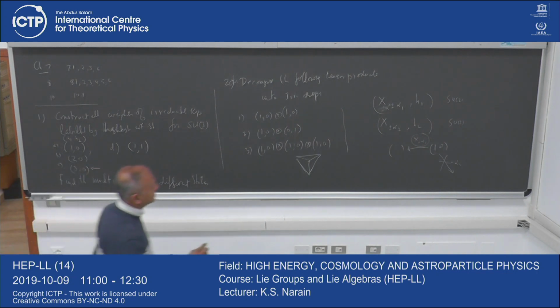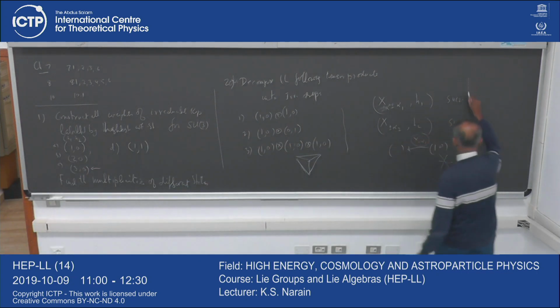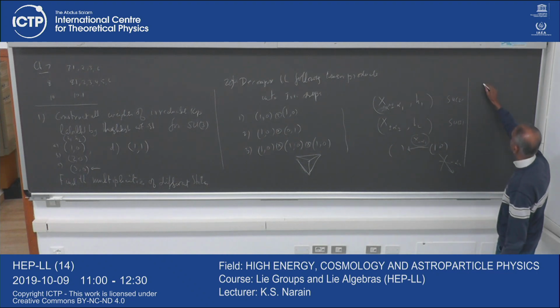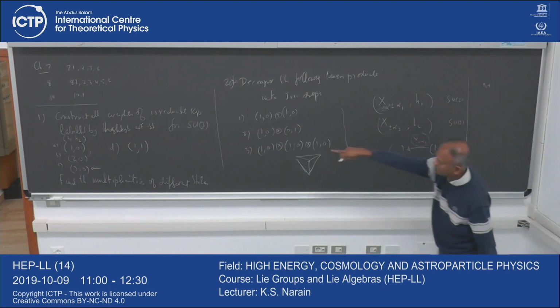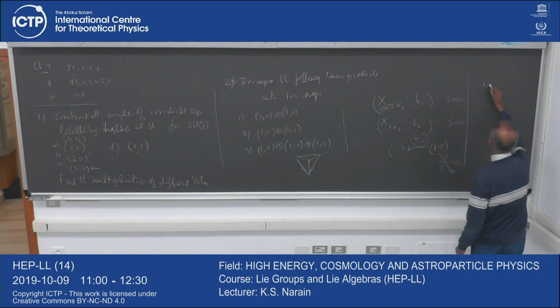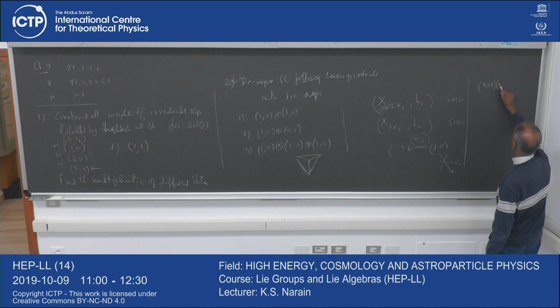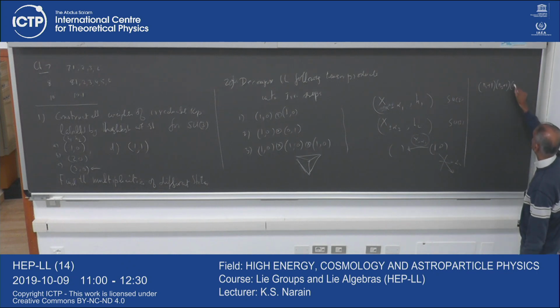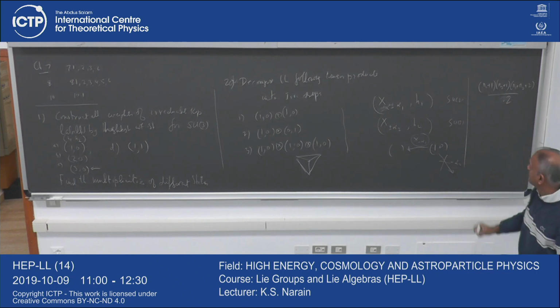For at least SU3, the formula was N1 plus 1, times N2 plus 1, times N1 plus N2 plus 2, divided by factorial of 2, which is 2. Yes, this was the formula for the dimension.